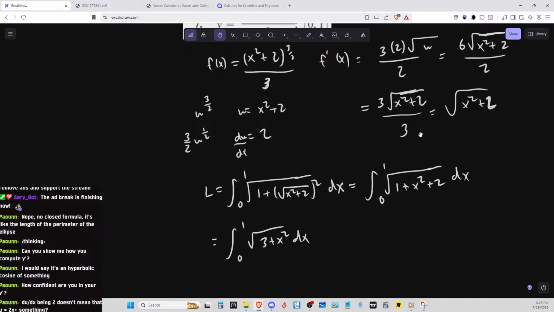U being 2 doesn't mean that U is 2x plus something. Because basically we just took the derivative for U, the variable that is within U, so that's why it's 2.